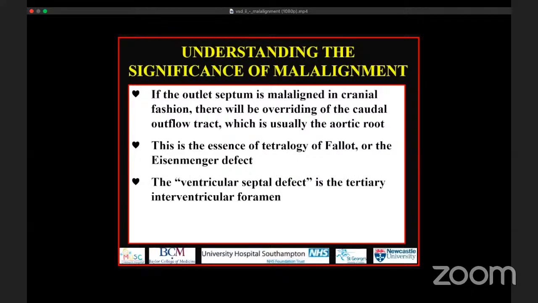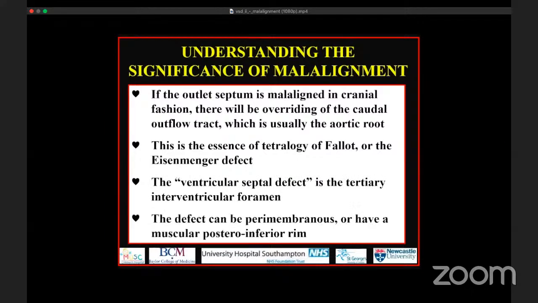Then the ventricular septal defect is the tertiary interventricular foramen. It can be membranous or it can have a muscular postero-inferior rim. So now we're going to look at some specimens showing you these features of cranial malalignment of the muscular outlet septum.